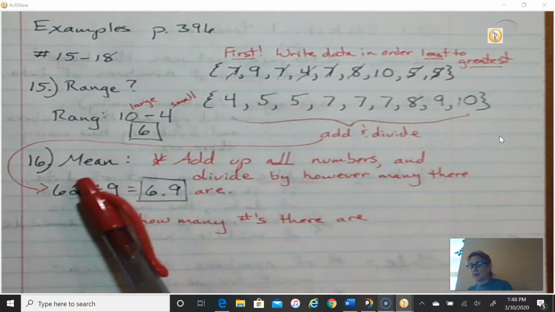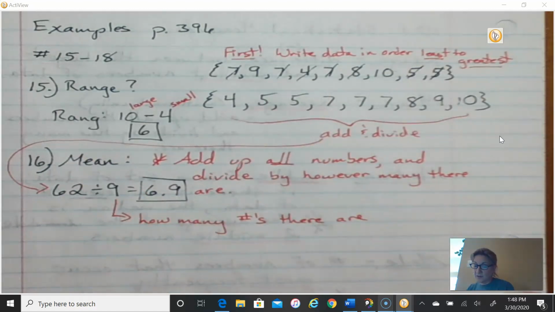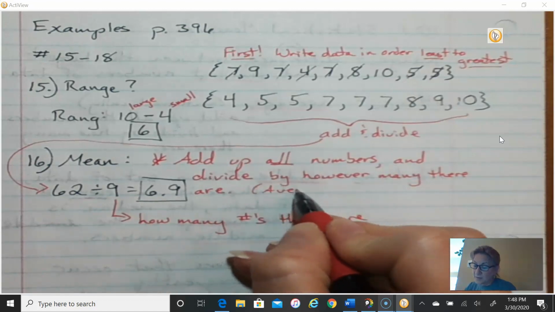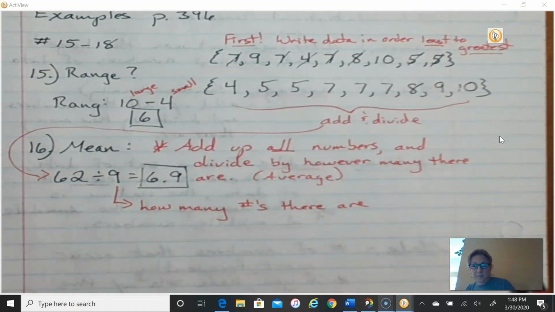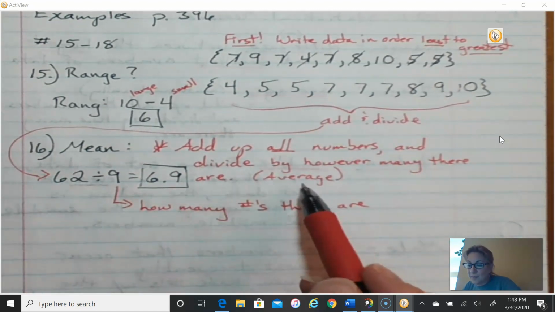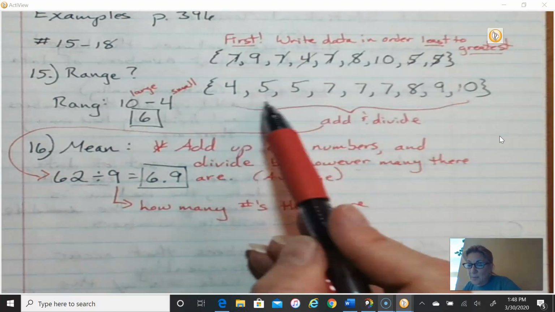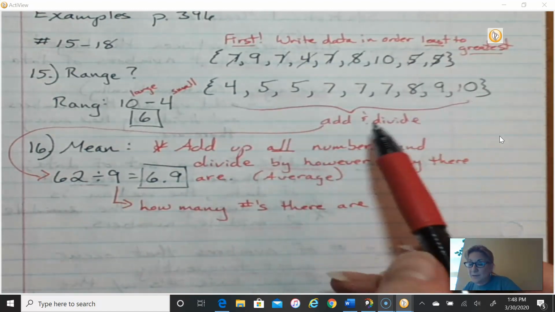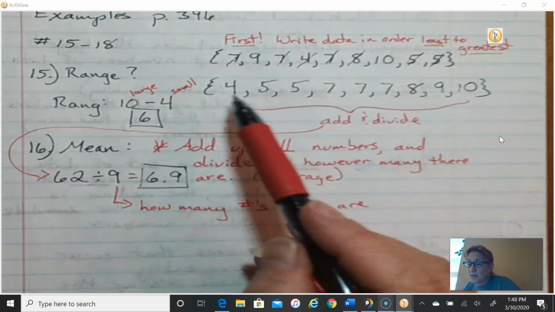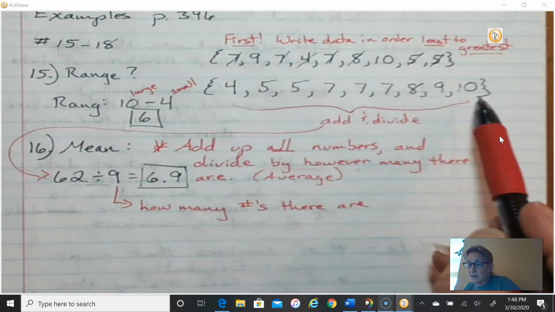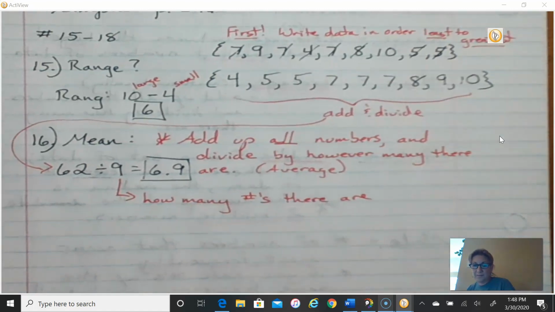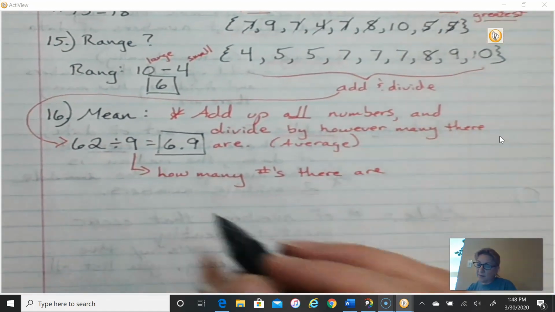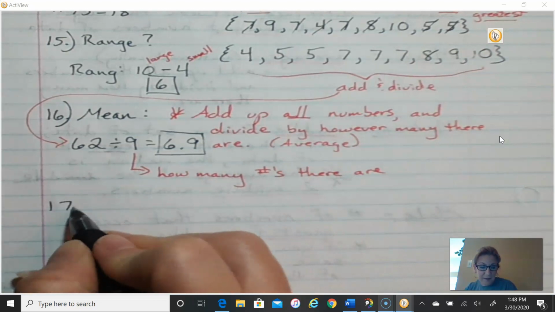Okay, so mean, remember, is the average. You may need to review this part again. Mean is the average. You add up all the numbers and divide by however many there are. There's 9 total numbers. So 62 divided by 9 is 6.9. All right, so that's the answer to 16.